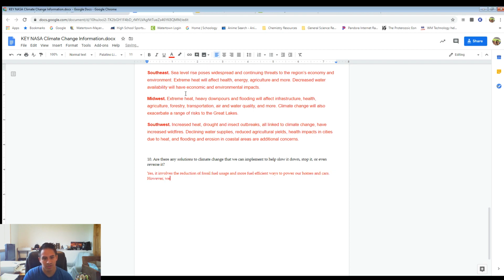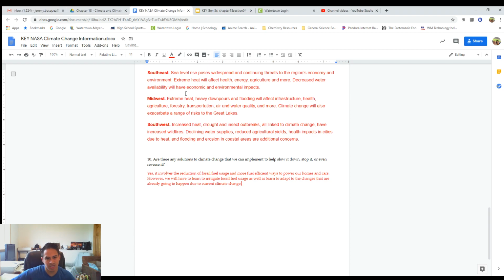However, we will have to learn to mitigate fossil fuel usage, as well as learn to adapt to the changes that are already going to happen due to current climate change.